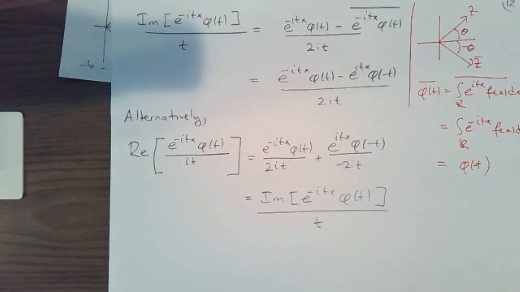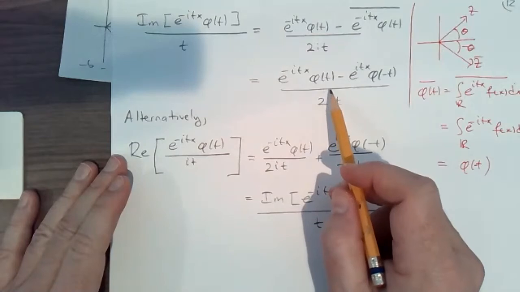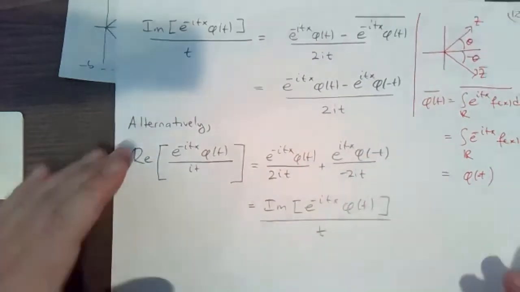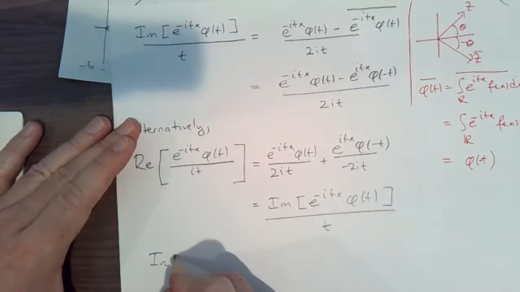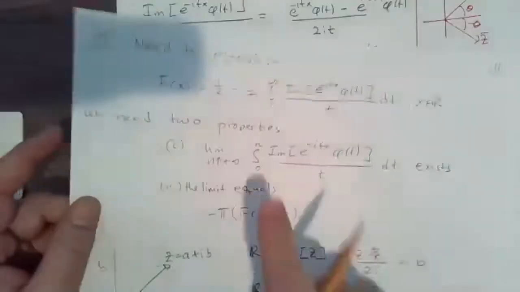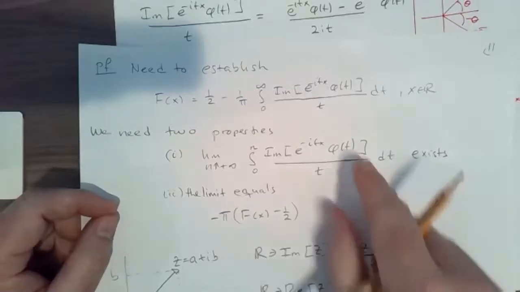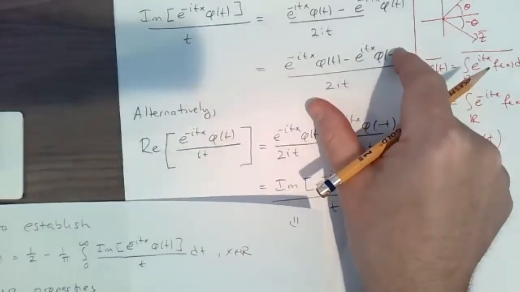We will use this formula here. Okay, so let's do that. What is it that I want to do? I want to compute this limit here. I'll replace that integrand with what we had here.